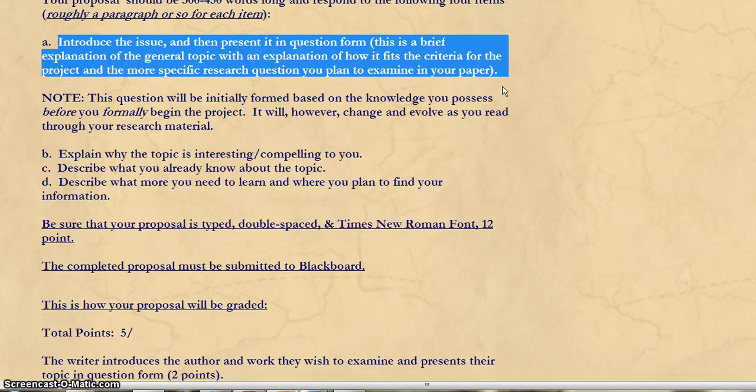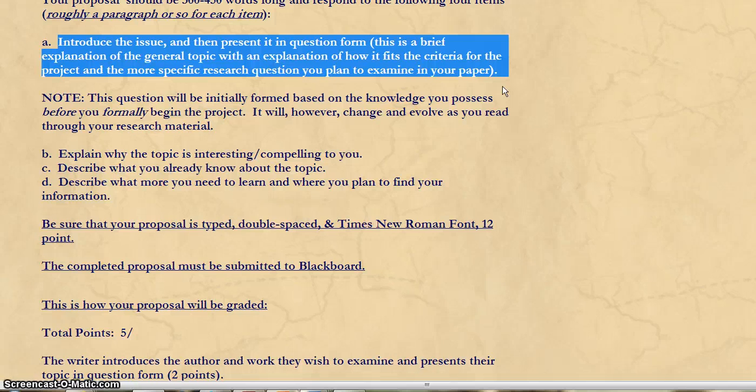Explain those things to us. Just sort of give us very briefly the who, what, why, when, where, and how in a very brief way. And you're going to give us all that in the opening paragraph just to introduce us to your topic. And then in the last sentence of your opening paragraph, pose the question that you want answered about this particular topic. And again, that's going to be the research question that you've developed.